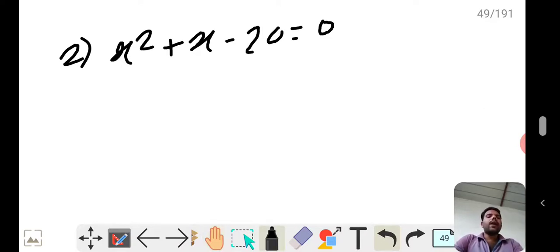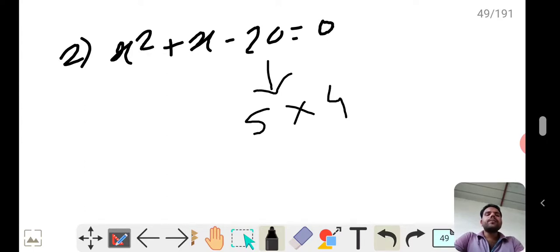Now we want two numbers such that their multiplication is minus 20 and their sum is plus 1. If we take 5 into 4, we have the multiplication as plus 20, but we want minus, so we can give the minus sign to one of these two numbers.